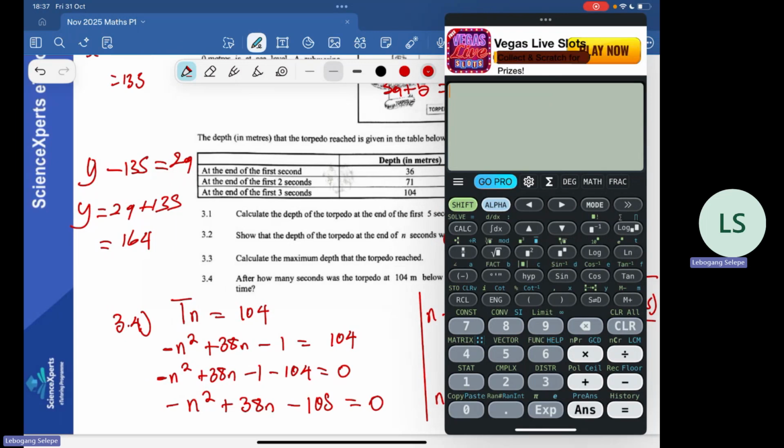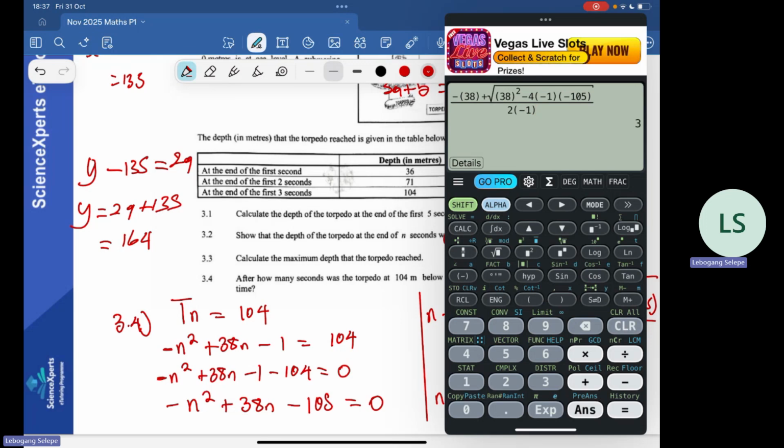Our b value is 38 plus the square root of 38 squared minus 4 times -1 times -105, all over 2 times -1. This gives us 3.